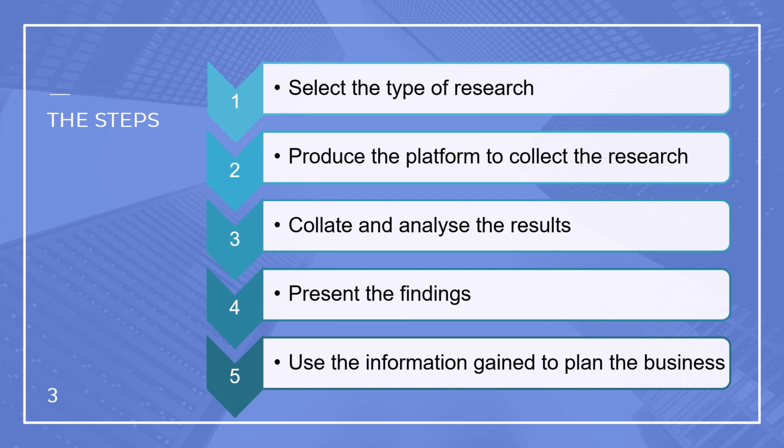So usually you would put this into kind of bar charts, graphs, things that are easy to understand, and also some written descriptions. And you would have to present these findings to whoever was managing the company. Next is you will look at all that information that you've gained and you would use it to plan your business, to plan your next steps.